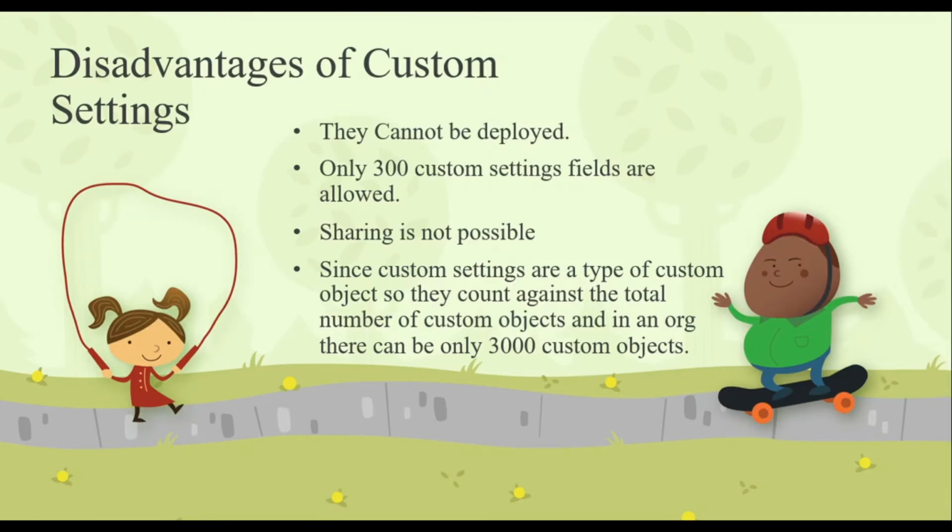These are also limited. I hope you got something out of this video and understood how things work. This was just an overview of how you should think whenever you are working over these things, when you have a choice of whether to put something in a custom setting or not.